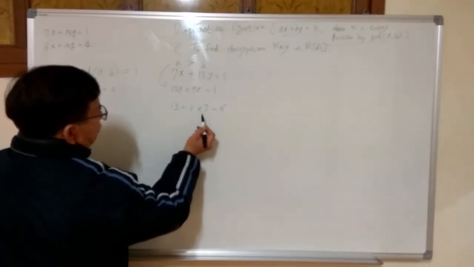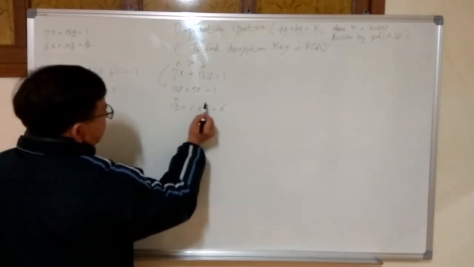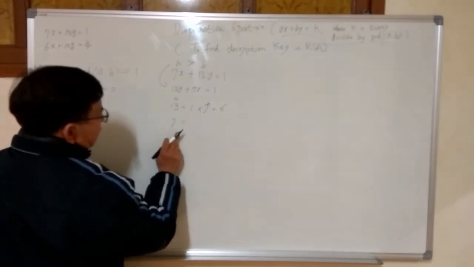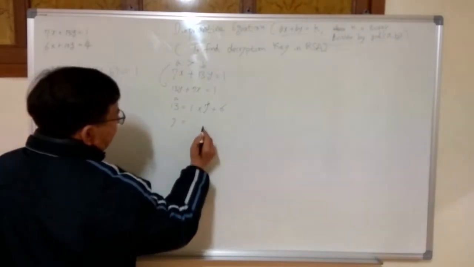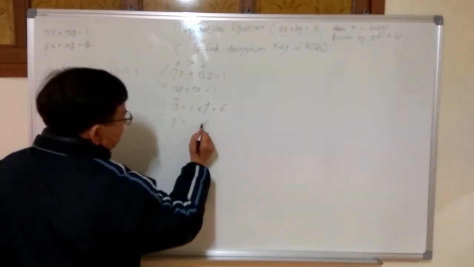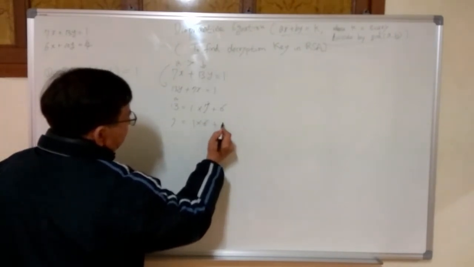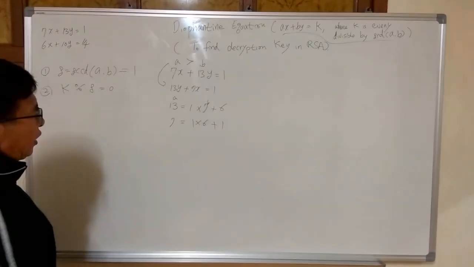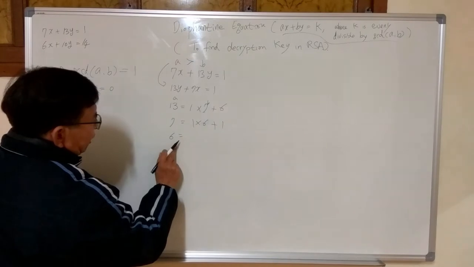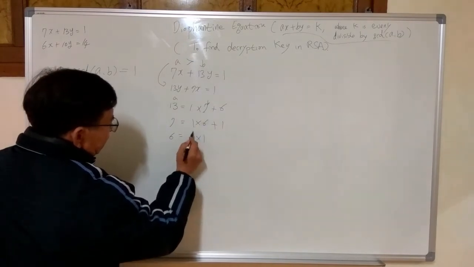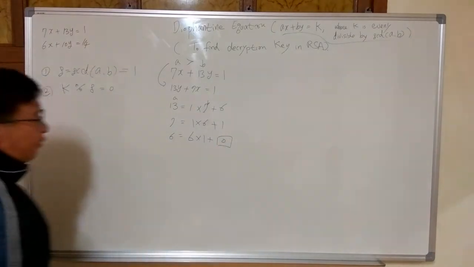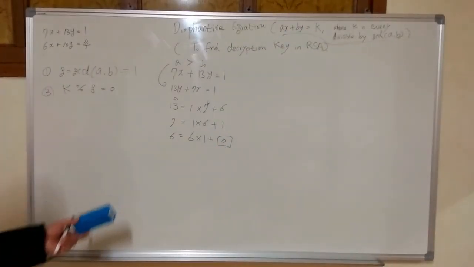Now we move, this is A, this is B. We bring B to here, 7 equals, and the remainder R comes here, 6 times 1, remainder 1. And we bring 6 here, B again, 6 here again, and remainder here, 6. Now the remainder is 0. So we completed the Euclidean algorithm.